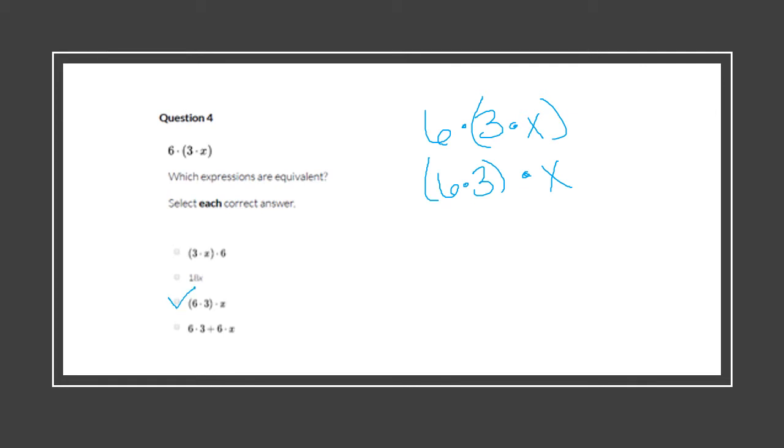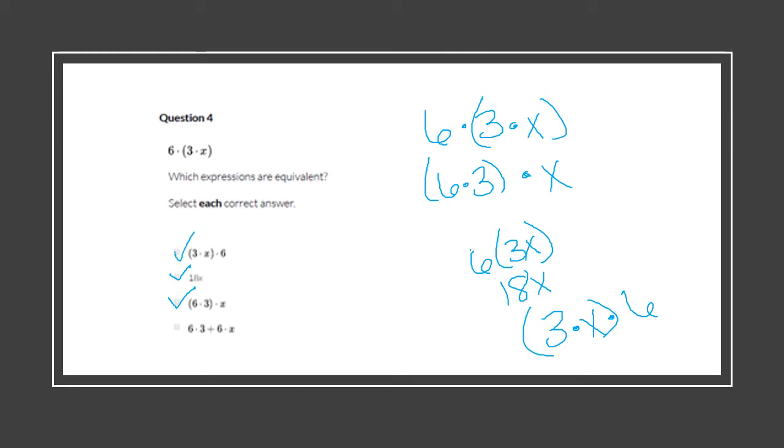You could also say, I've got 6 times 3x, and that would be 6 times 3 is 18, and get 18x. You could also reorder using that commutative property and do 3 times x times 6 and just reorder those and get this first one.